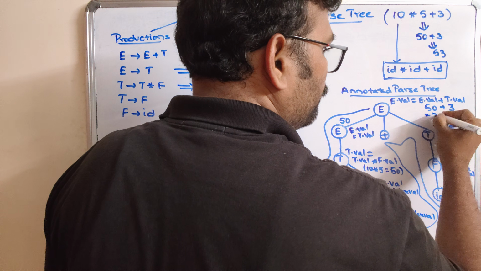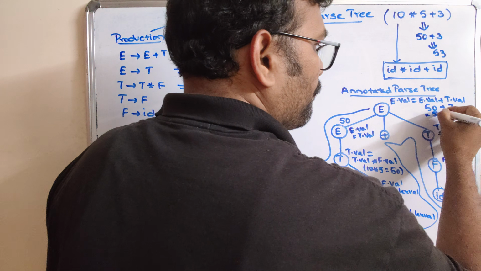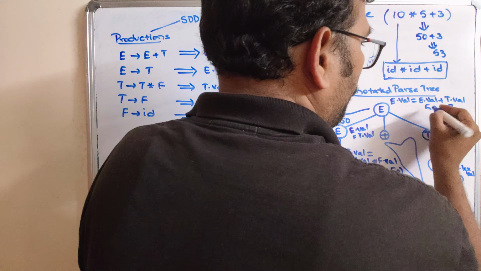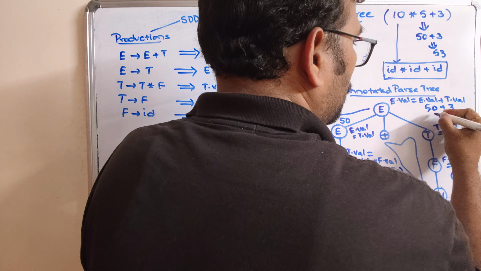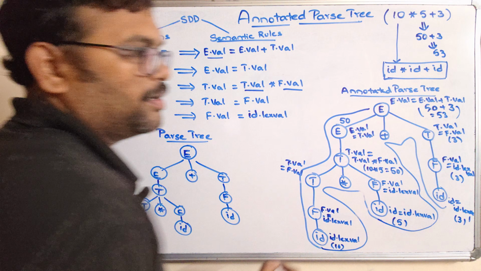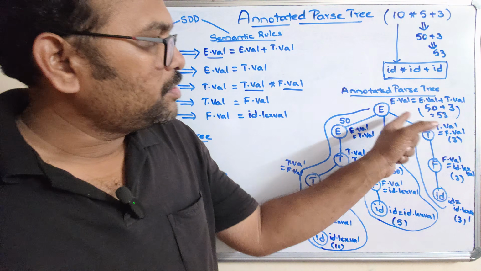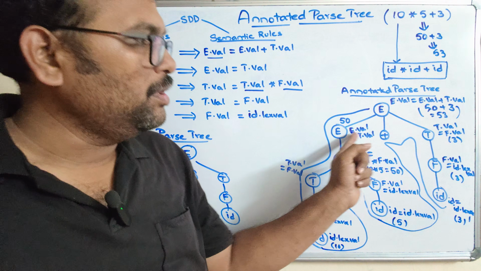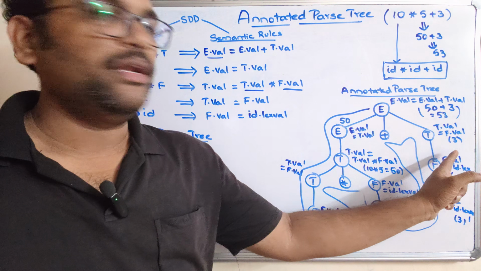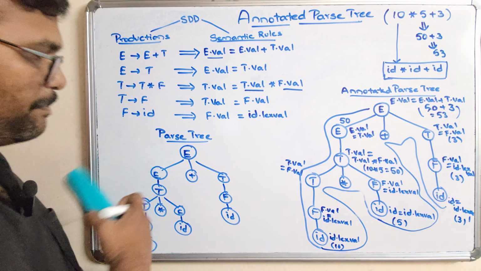So here we will be getting 53. Okay, so this E depends upon these two children, E and T. So hope you understood. This is a parse tree.